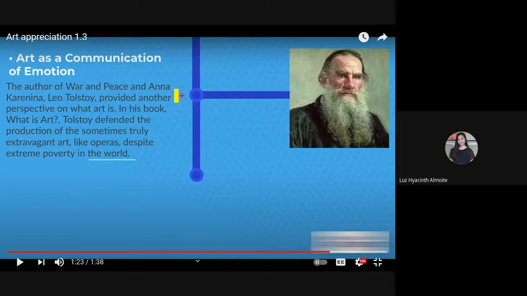Tolstoy is fighting for the social dimension of art. As a purveyor of man's innermost feelings and thoughts, art is given a unique opportunity to serve as a mechanism for social unity. Art is central to man's existence because it makes accessible the feelings and emotions of people from the past and present, from one continent to another.